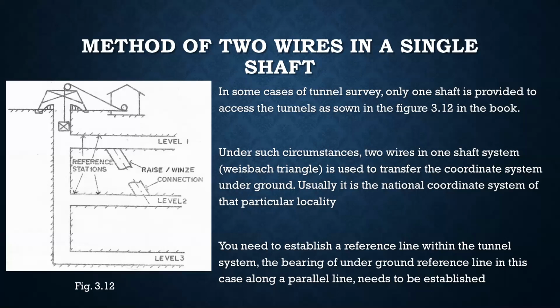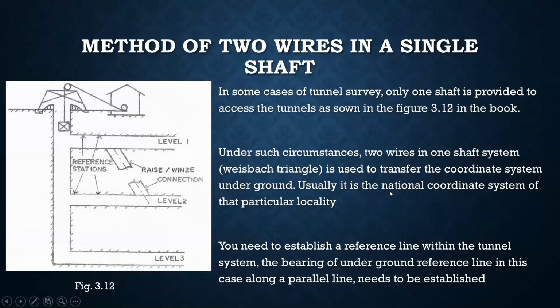Now this is a case where we use 2 wires in a single shaft to transfer the coordinate system and to do accurate tunnel surveying. Under such circumstances, you can read here, the 2 wires in one shaft system, which is called the Weisbach triangle, is used to transfer the coordinate system underground.